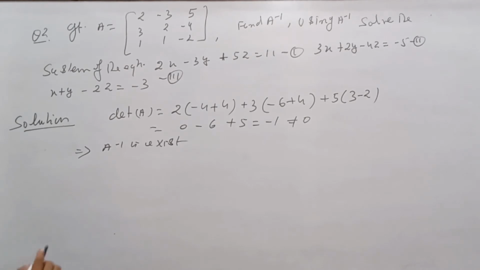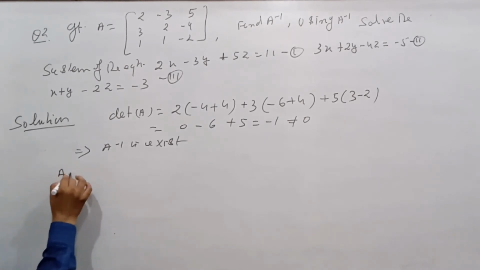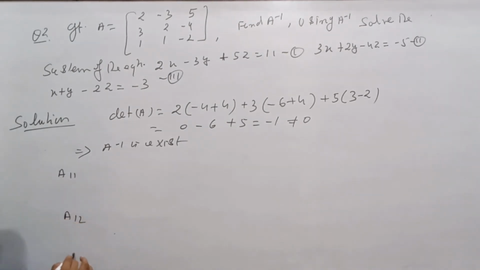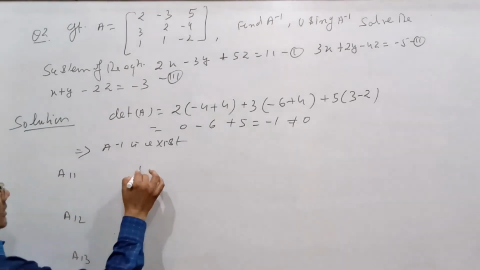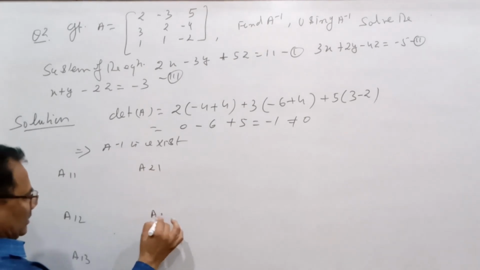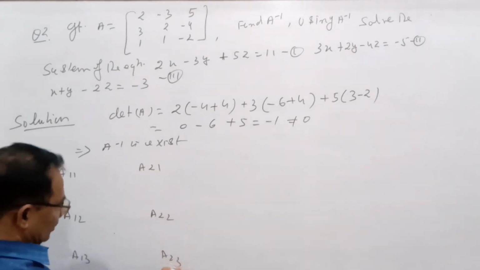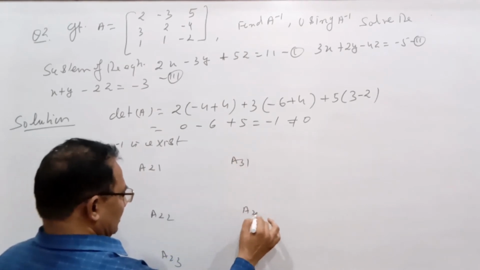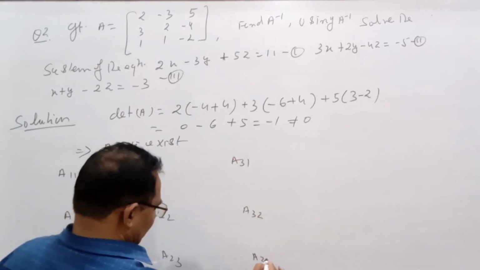Now we find the value of the cofactors A11, A12, A13, A21, A22, A23, A31, A32 and A33.